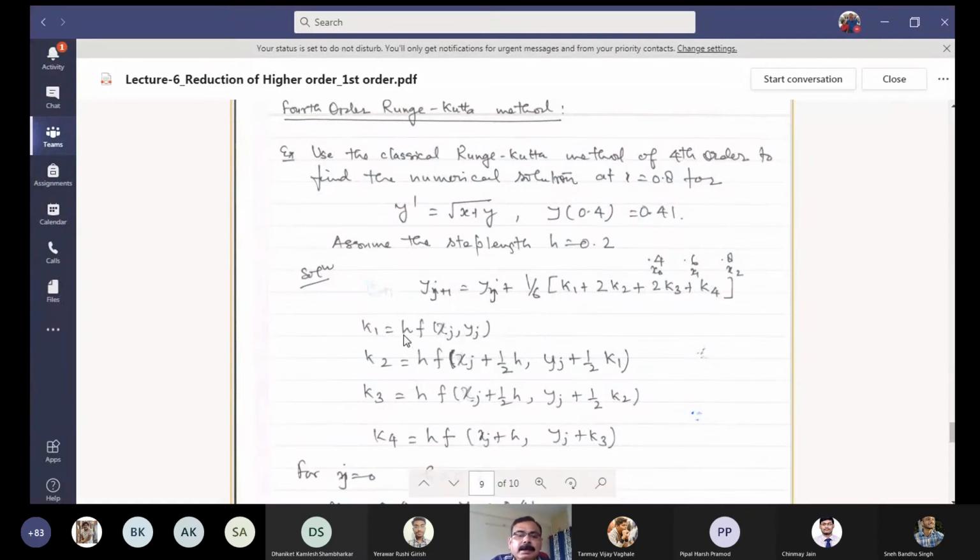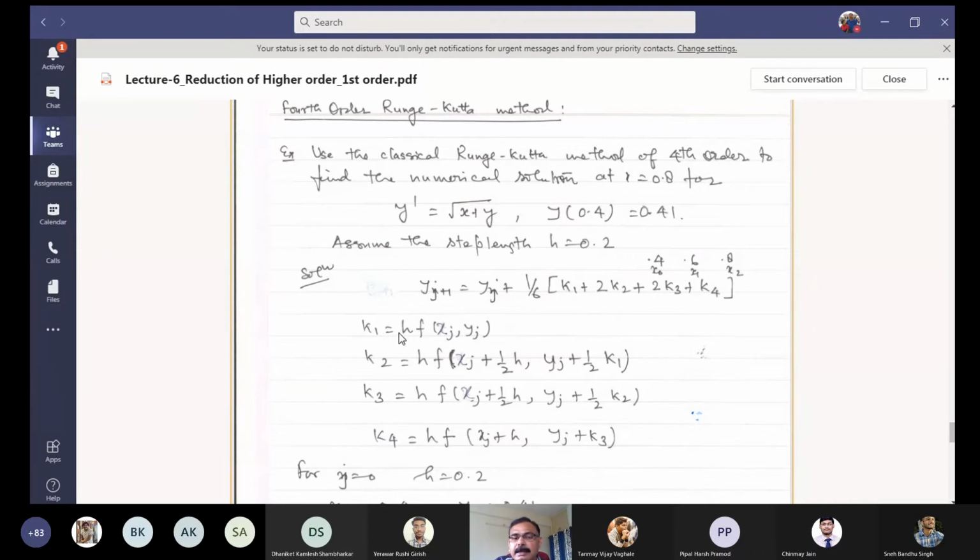So K1 is given, K2 is given, K3 is given, K4 is given, right? This is just a single equation, so there is no trouble. You can calculate K1, K2, K3, K4 with your x0.